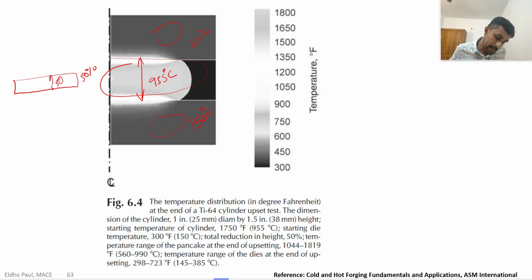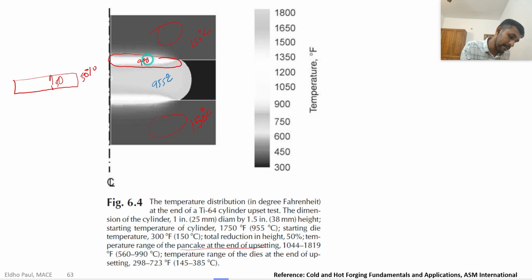This shows the temperature range for the pancake at the end of upsetting. Initially it was 955 degrees Celsius, but after reduction in this region, the temperature is increased to 990 degrees Celsius.